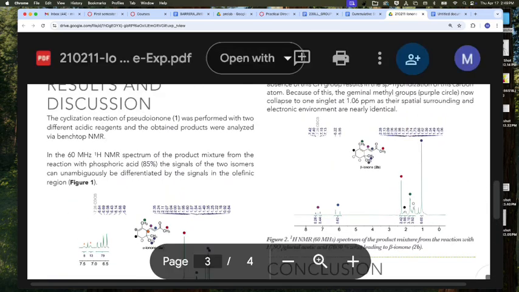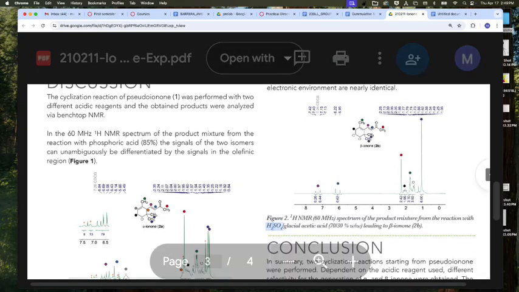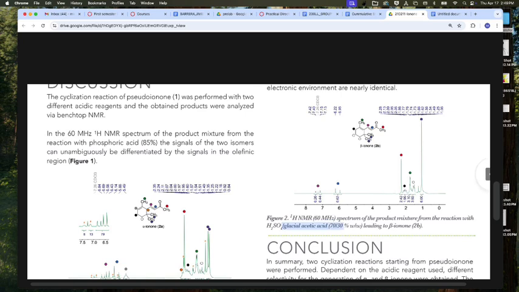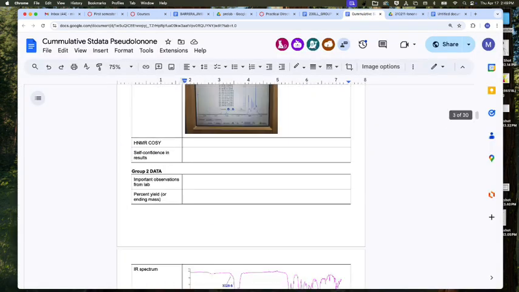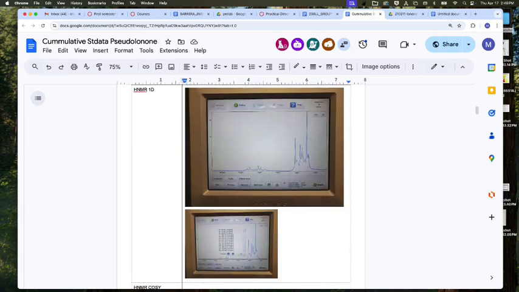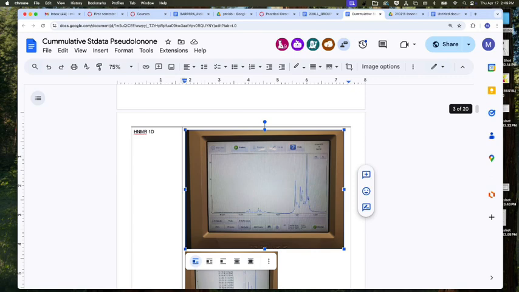If you go through and look at the phosphoric acid, or sorry, this one that was the nice clean beta, that was sulfuric acid and glacial acetic acid. We didn't use glacial acetic acid for any of our experiments, so we can't get a perfect comparison to that, but if we go back and look at our spectra for a group that actually submitted it, that one's not bad.